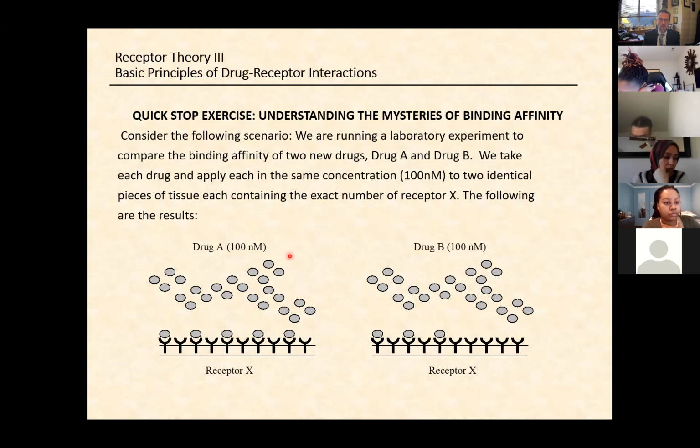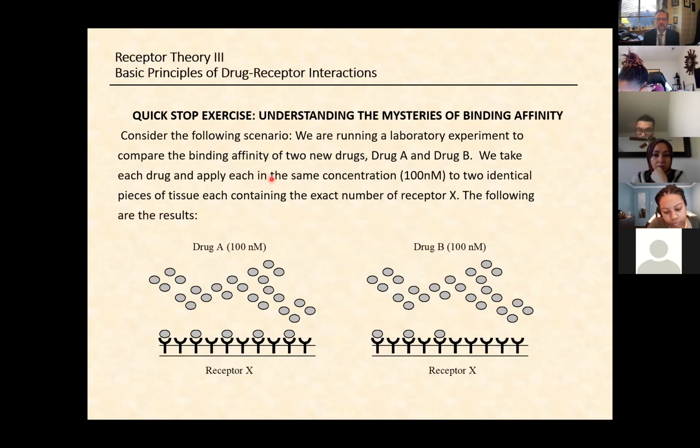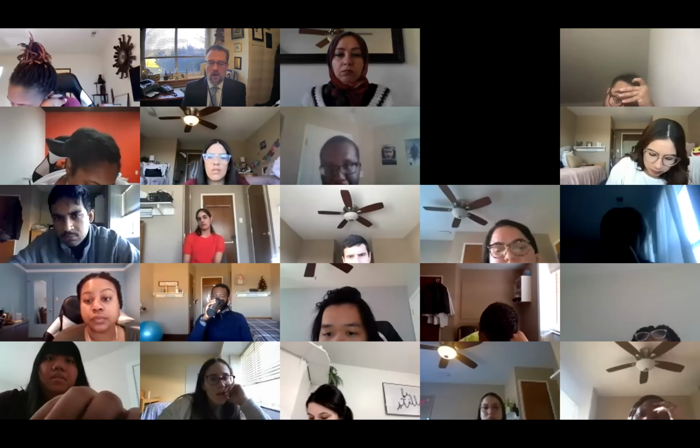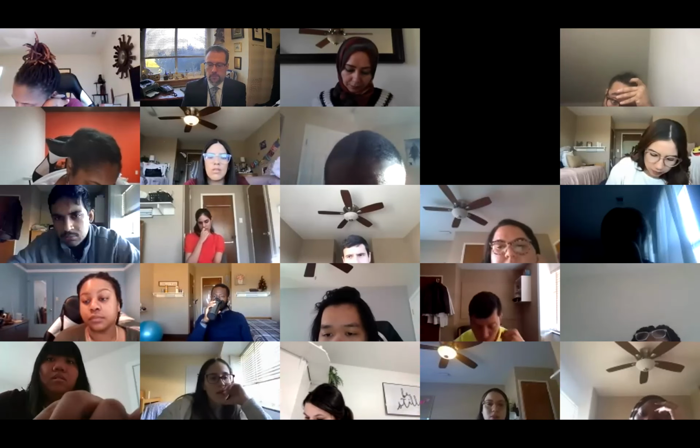So what I want you to do is to tell me which drug has the greatest binding affinity, and can you tell me something about the KD value of our drugs?